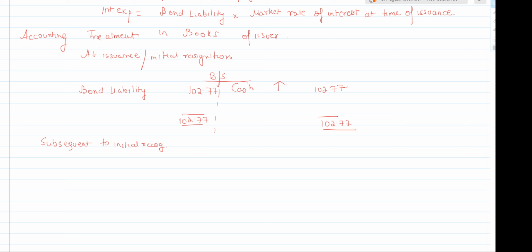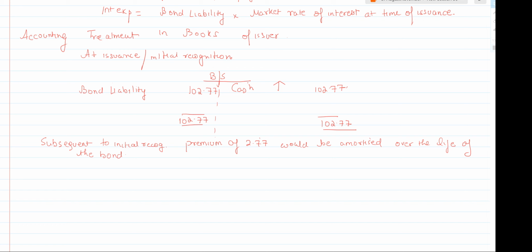What was the amount of premium to face value? 2.77. Yes. Now, subsequent to initial recognition, this premium of 2.77 would be amortized over the life of the bond. I will tell you why.